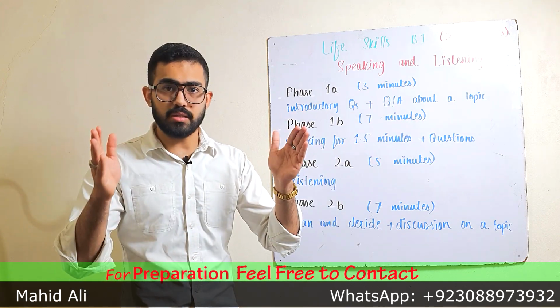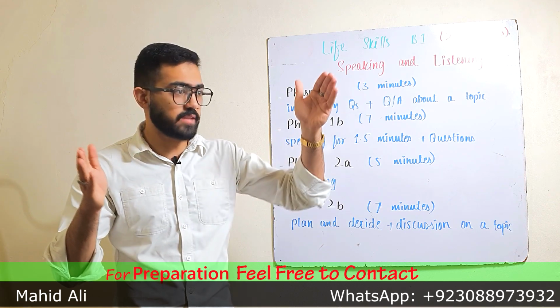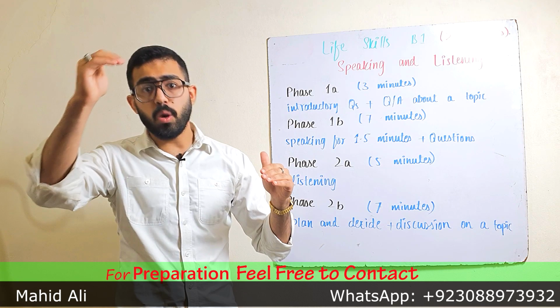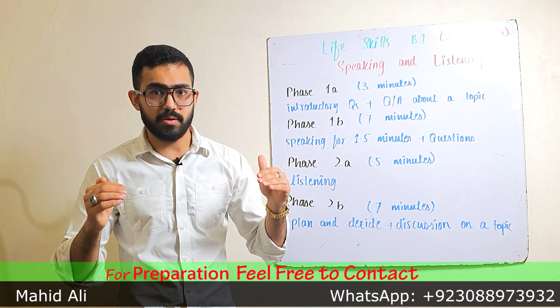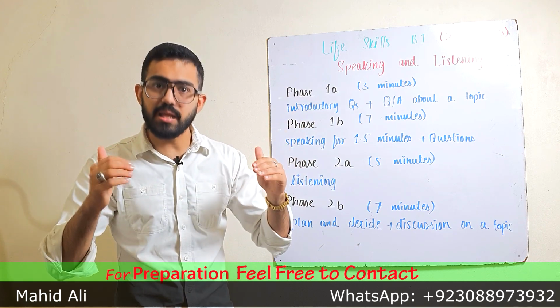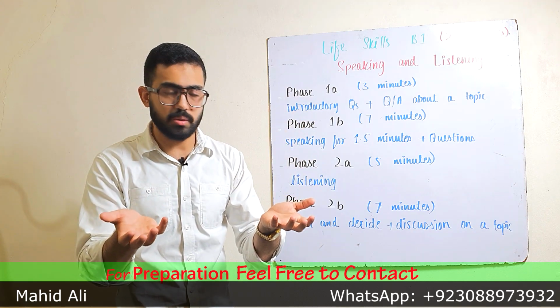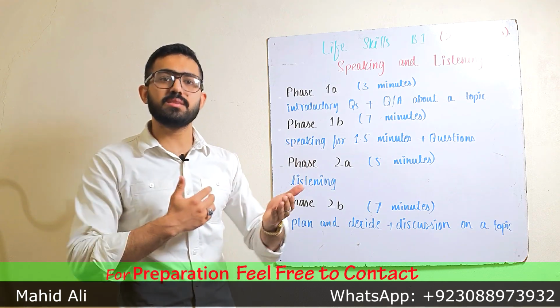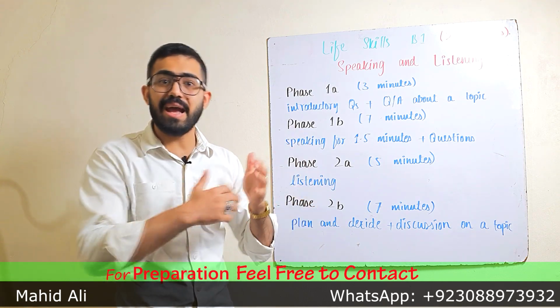So there are 2 things to plan and decide. First thing, which transport to use. Second thing, what things to do on the trip. There will be some points written already. The examiner will give you the prompts, and then you will have to talk to your partner and discuss those things. You will plan and decide.